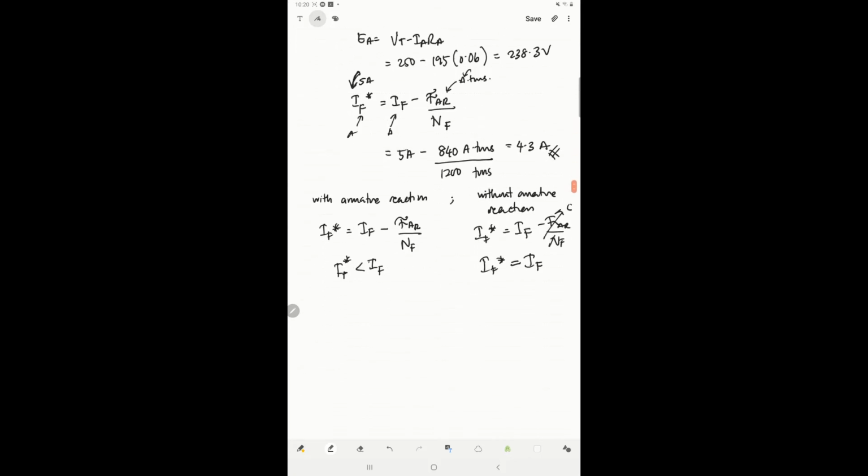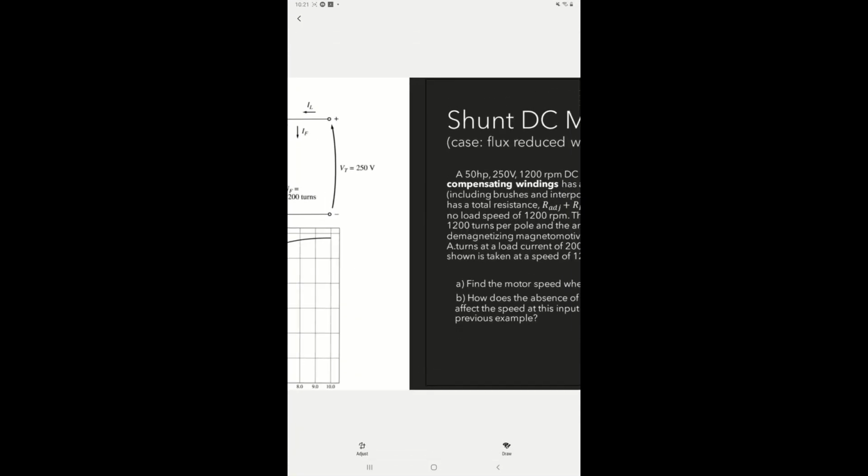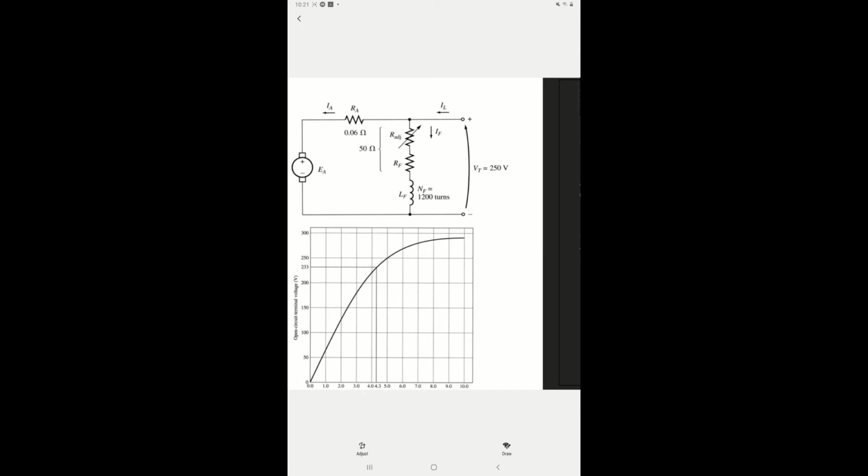Alright, now what is the use of knowing the effective field current? If we take a look at this magnetization curve, at the bottom is the field current. I'm sorry, I cropped out the caption here. So the manipulating variable, or the x-axis, is the field current, and on the y-axis we have the open circuit terminal voltage.